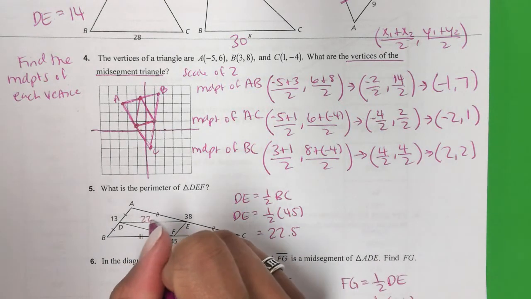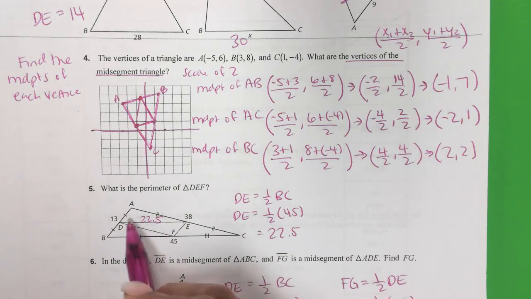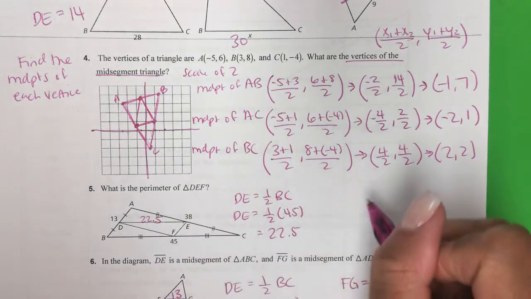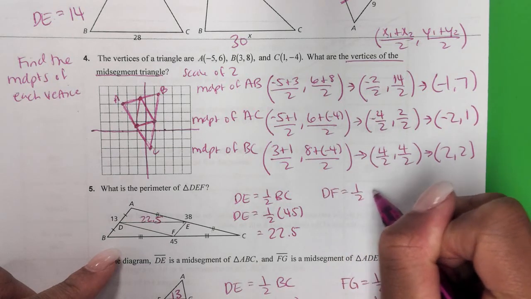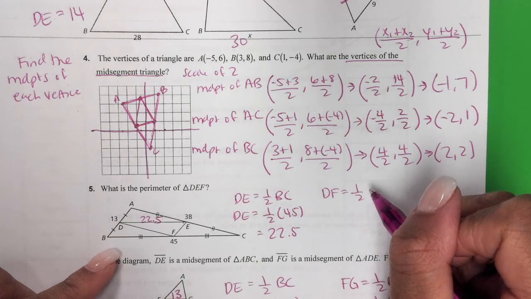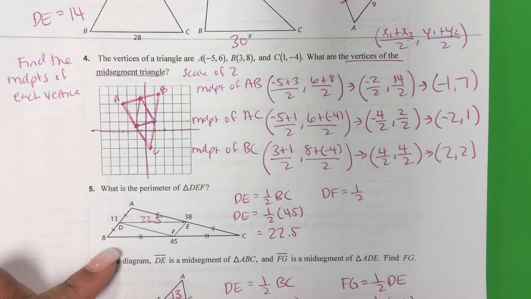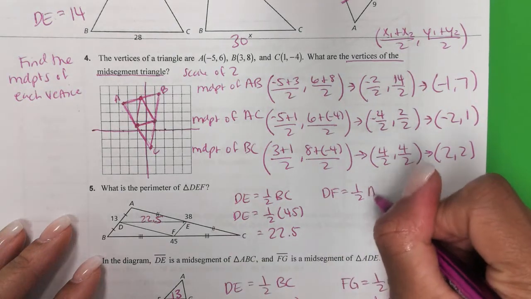So this is now 22.5. Now I'm going to do the rest the same for each of these. So if we were to take 38 and divide that by 2, we would get DF. Okay? So we know that DF is half of AC.